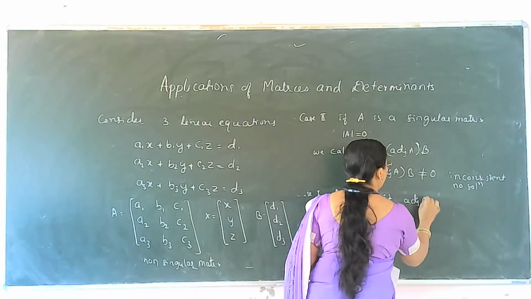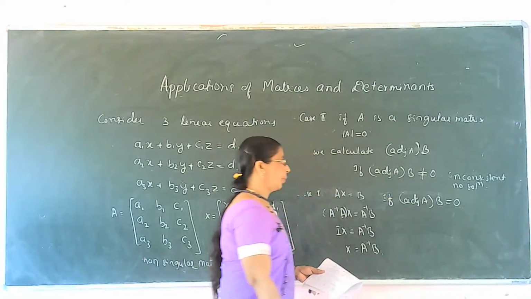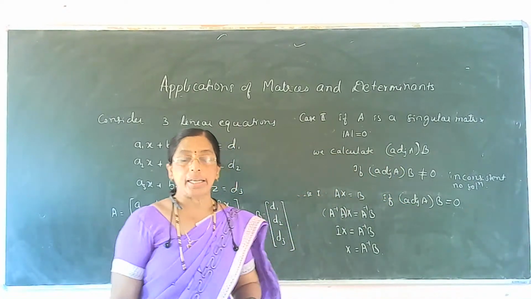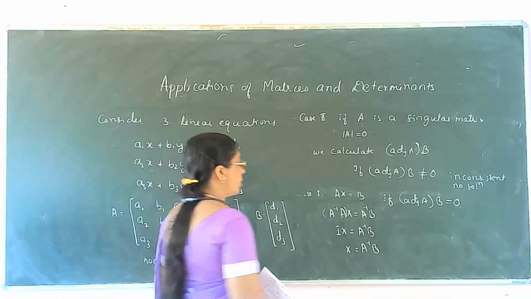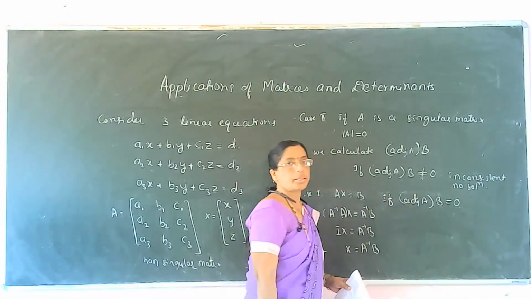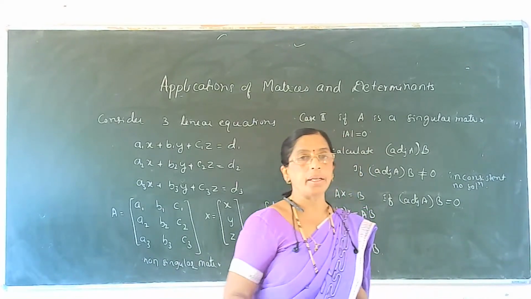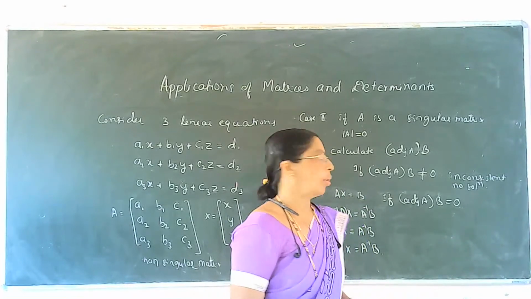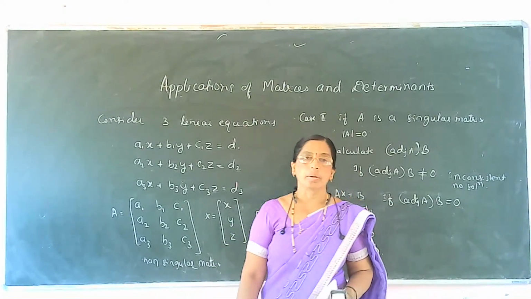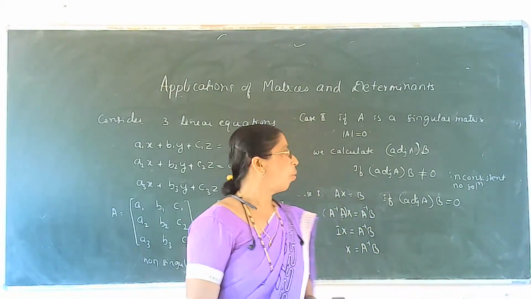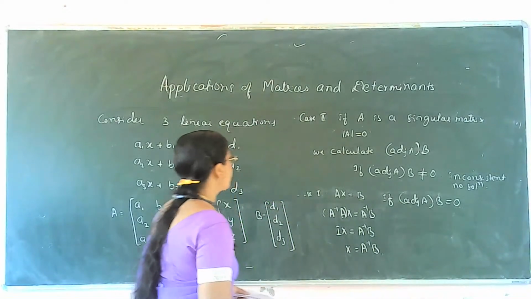If adjoint of A into B is equal to 0, we can't say whether it is consistent or inconsistent, whether it has a solution, infinite solutions, or not. We solve only the consistent system of equations in this syllabus.